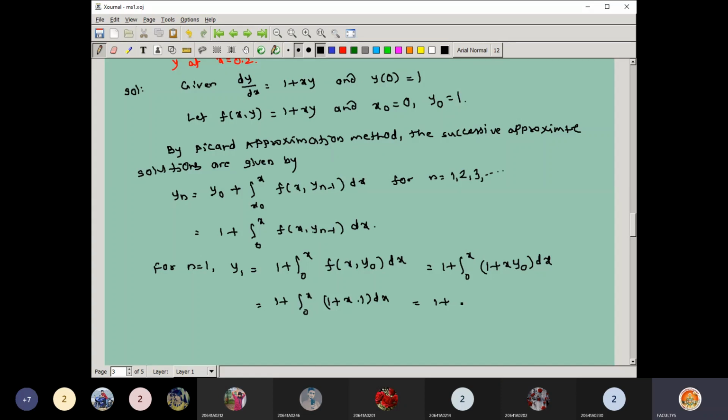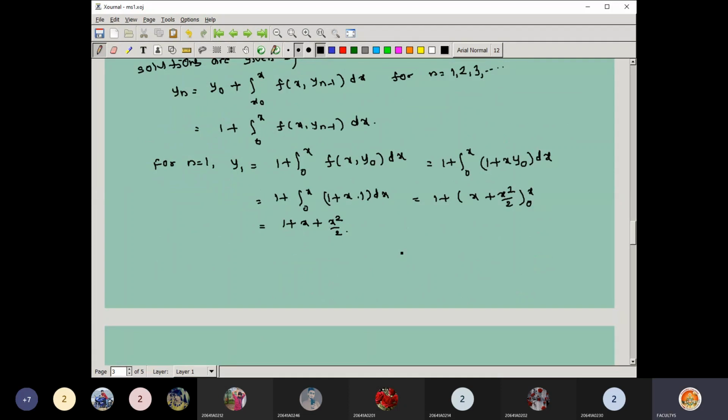I am doing the integration: it is nothing but x plus x square by 2, with limits 0 to x. Or I can write 1 plus x square by 2, upper limit only, and the lower limit is equal to 0. So the first approximate is over. Go for the next. For n equal to 2, it is y2.